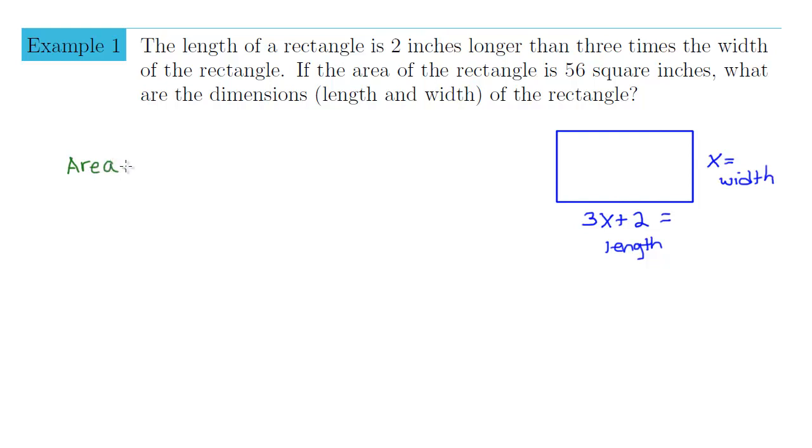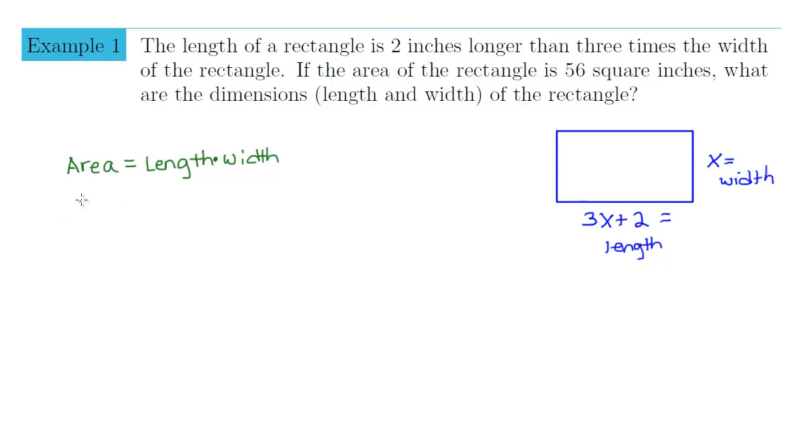The area of a rectangle is the length times the width, right? That's the formula for the area of a rectangle. Now for our particular rectangle, our length is 3x plus 2 and our width is x. And so we can use this formula to write an equation.